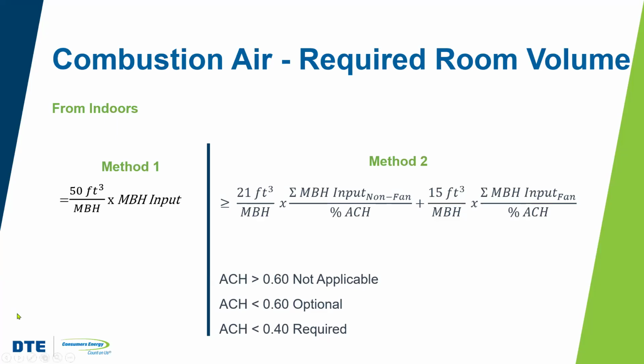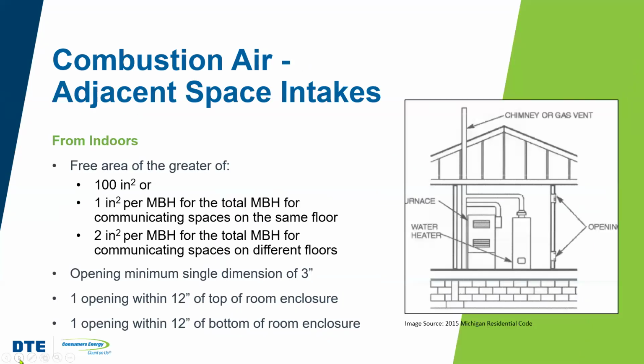And so you can either size that room based on the total MBH input of all of the fuel consuming equipment, or you can look at applying different values for equipment that uses a fan and equipment that does not use a fan. Right? But we want to make sure that our mechanical rooms are sized properly, so that we get the proper amount of combustion air for our appliances.